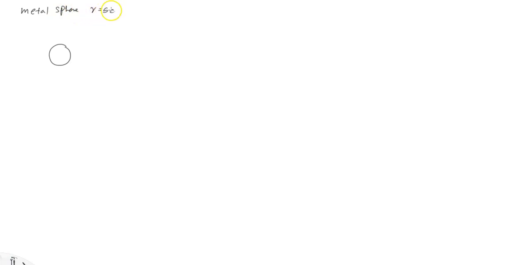Radius equals 5 centimeters, and we're going to put total charge equals 3 microcoulombs, and I want to find the electric field E at 15 cm from the center.